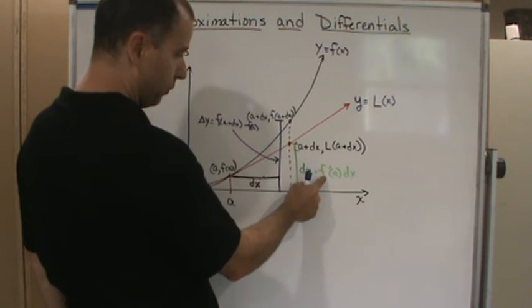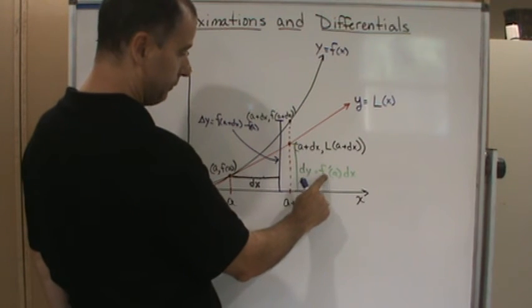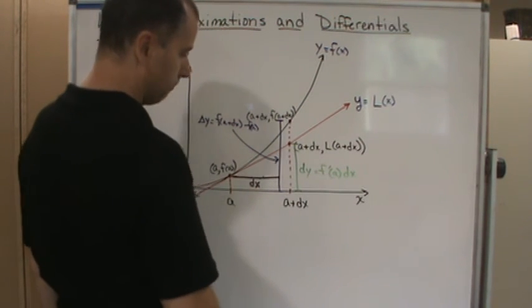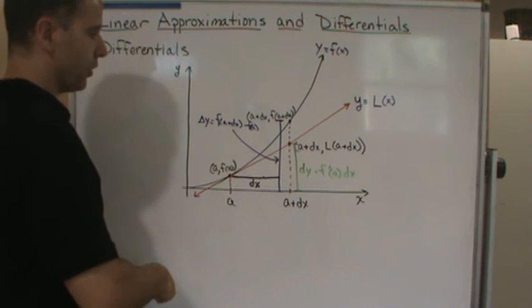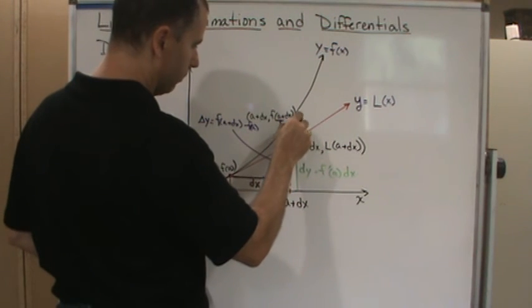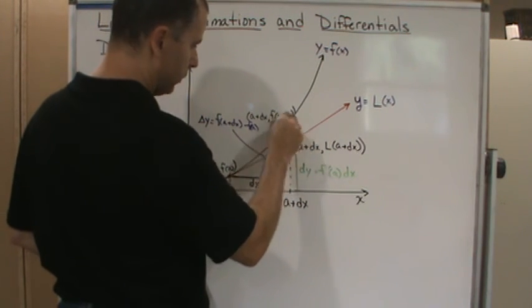And that's equal to, based on our previous conversation, f prime of a dx. And so this is the error between the two.